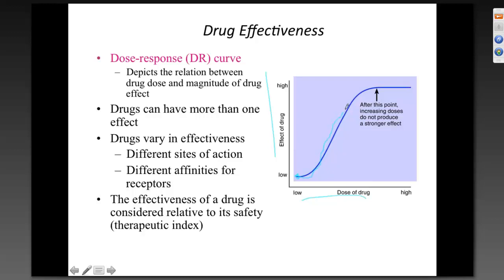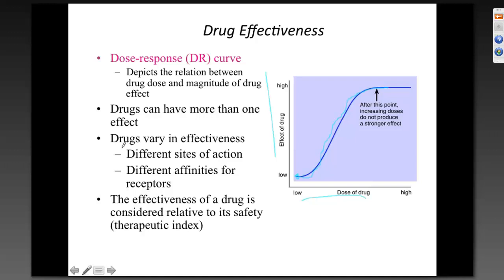And the more of a dose we give, the higher the effectiveness. But at a certain point, you have a diminishing return, if you will, for the investment of dose that you're putting in there. Because there is a certain point where no matter how much more of a dose you put in, you're not going to get any more effectiveness out of it.